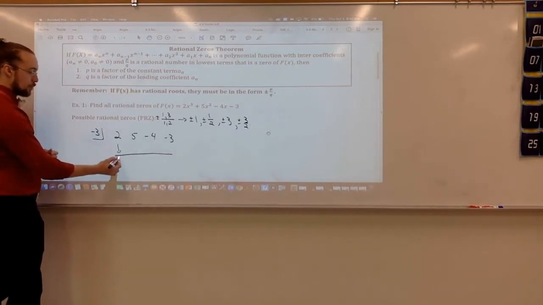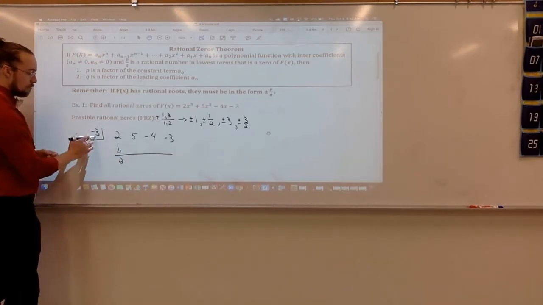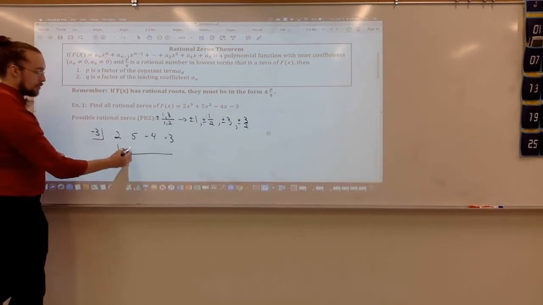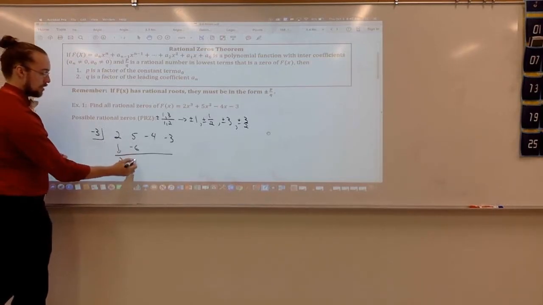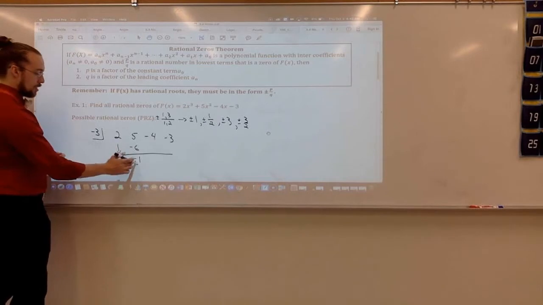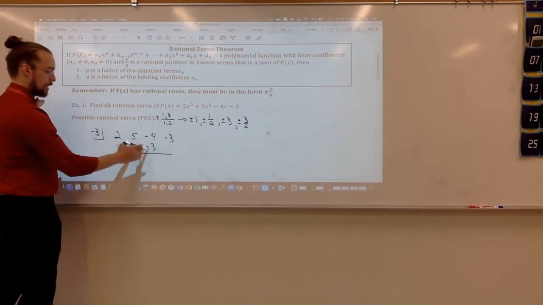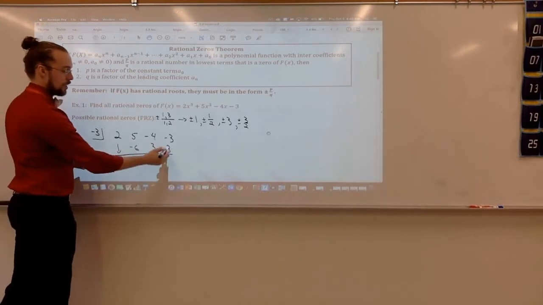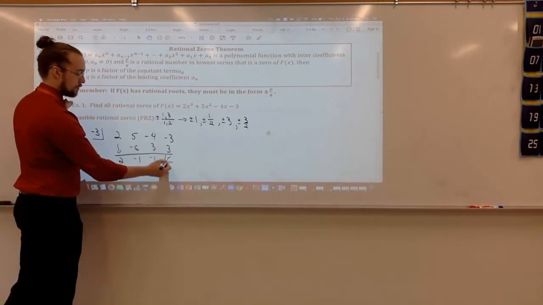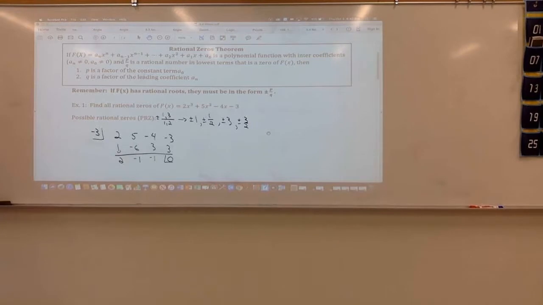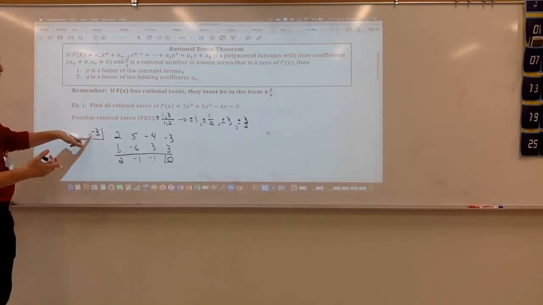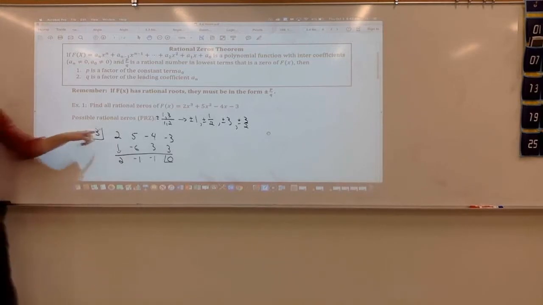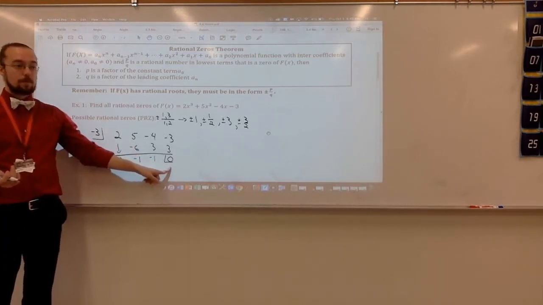Bring the 2 straight down, multiply -3 times 2, add, multiply, add, multiply, add, we get 0. And we should get 0 as the remainder, right? If we're identifying this as one of our zeros, my remainder should be 0.